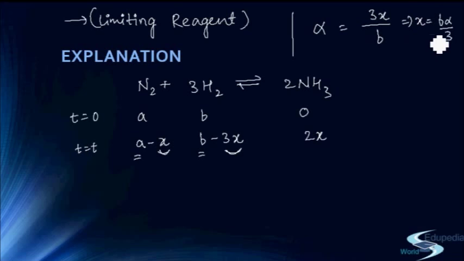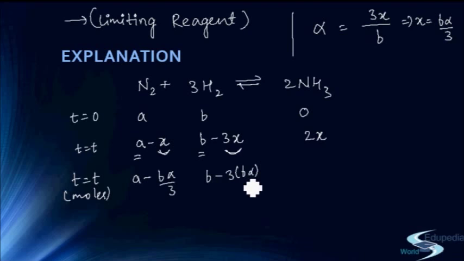And I can replace this value of x everywhere to write the concentrations in terms of alpha. Here we are only talking about moles, not moles per liter. So A minus B alpha by 3, because x is equal to B alpha by 3. This will obviously be B minus 3B alpha by 3.